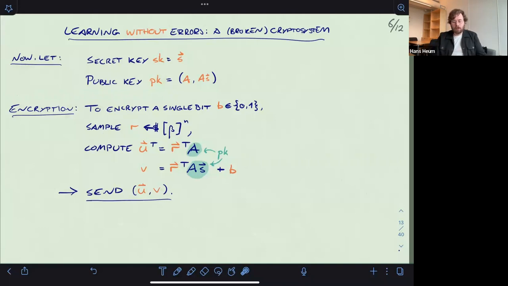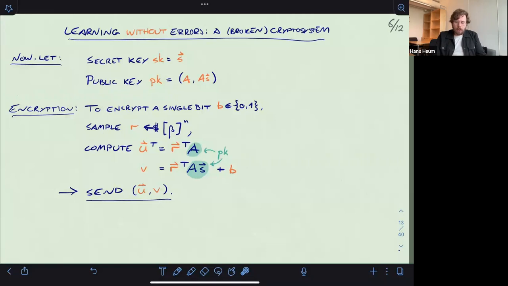Then you compute your U, which is just A applied to R, but transposed in a way. And then you compute this scalar value V, where you apply this A times S, plus the bit that you want to encrypt, which is B here. So you see that the A and the AS are public, it's actually the public key, as you see on the top of the screen.